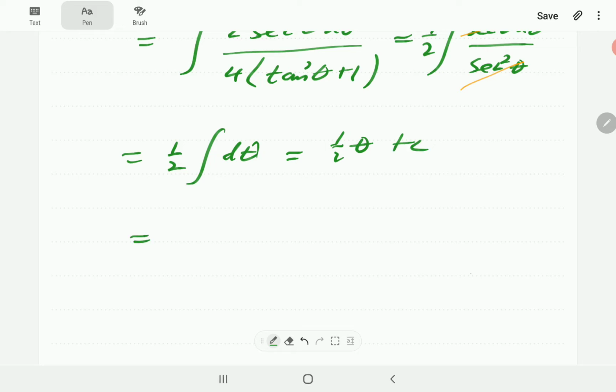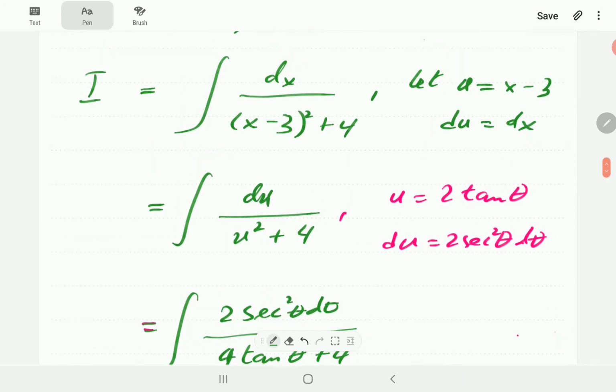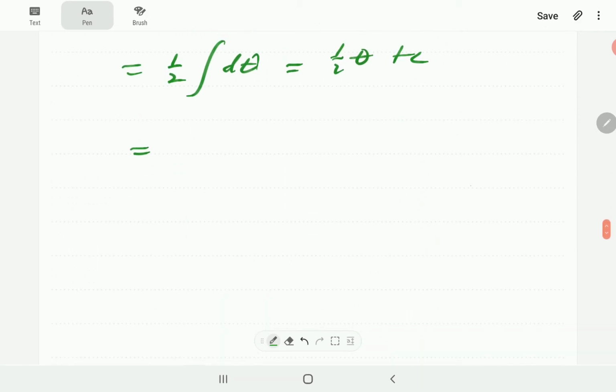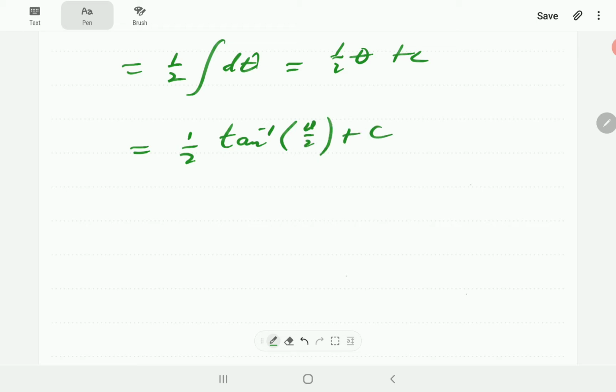Then we've got to trace our steps back. Notice we've done 2 substitutions. First of all, theta: from here you can see that tangent theta is u over 2, so theta is going to be inverse tangent of u over 2.